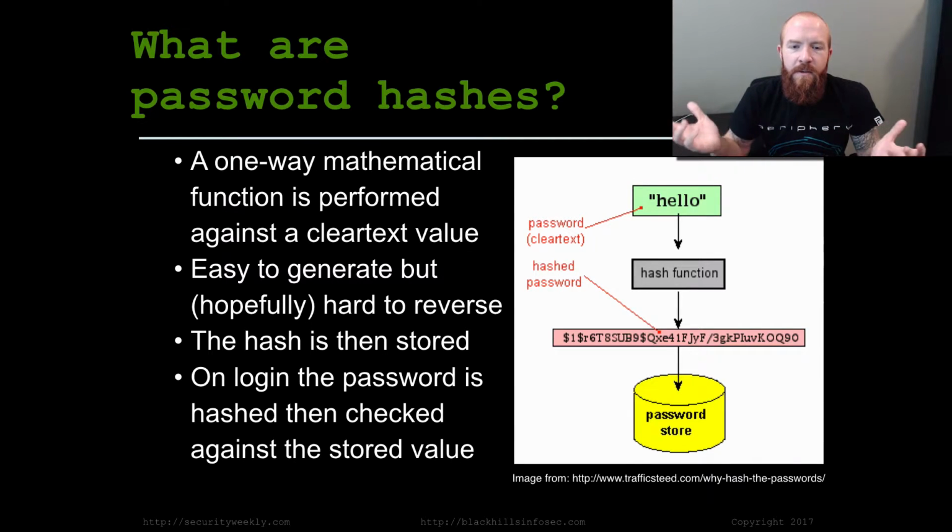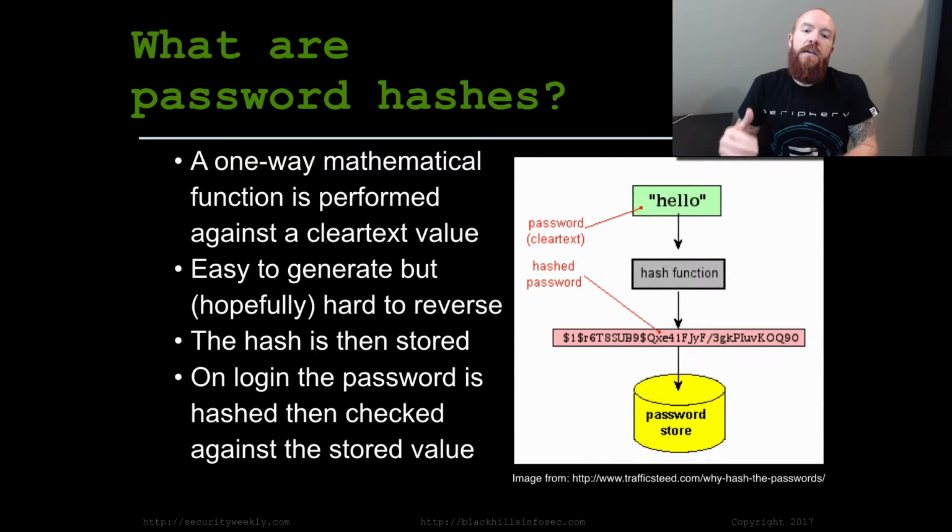So first off, let's talk about what password hashes are anyway. Whenever you have an authentication mechanism to pretty much anything, whether it's the web or your Windows logon to your computer, what typically happens is that the clear text value you have set as your password is turned into a password hash via a one-way mathematical algorithm, right?